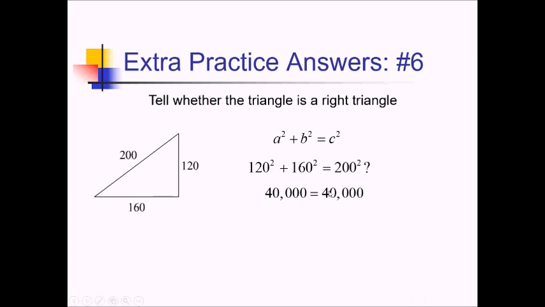Since this comes out the same on both sides, that proves that yes, this is a right triangle. Now, you also might have noticed that if you divide all these sides by, let's see here, 40, that you would have a 3-4-5 ratio of the sides. So that's also proof that this is a right triangle.